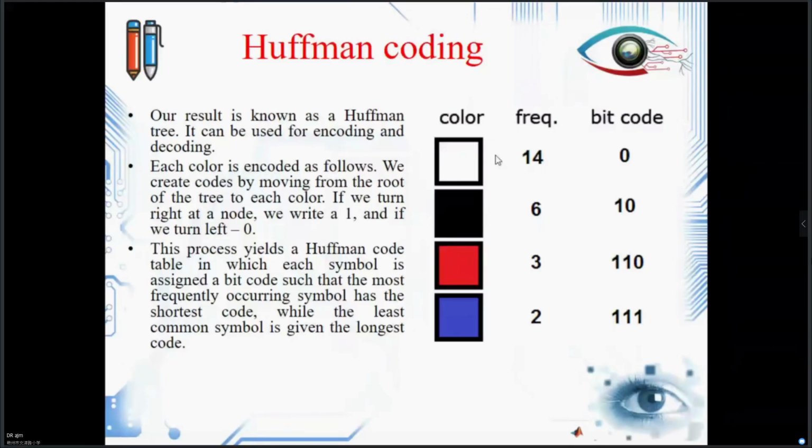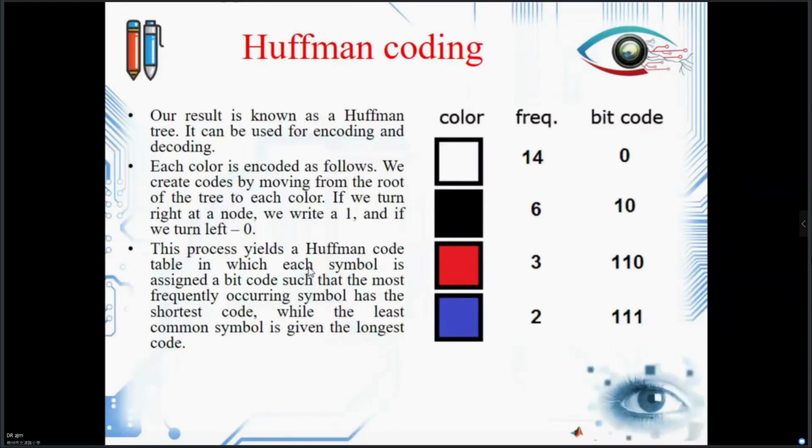If we turn right at nodes, we write 1, and if we turn left, we write 0. This process will yield the Huffman code table in which each symbol is assigned a bit code such that the most frequently occurring symbols have the shortest code, while the least common symbol has the longest code.